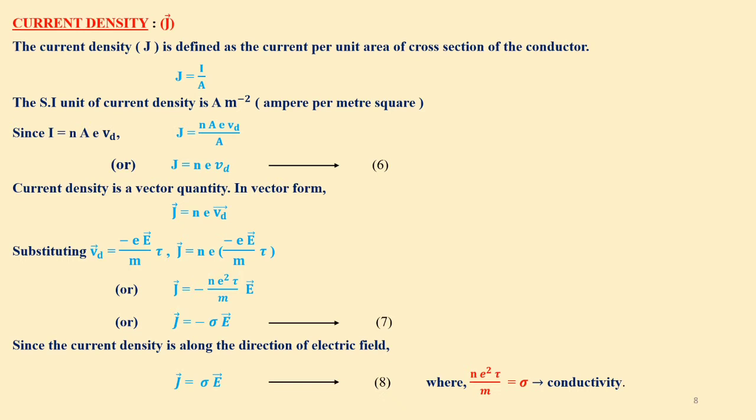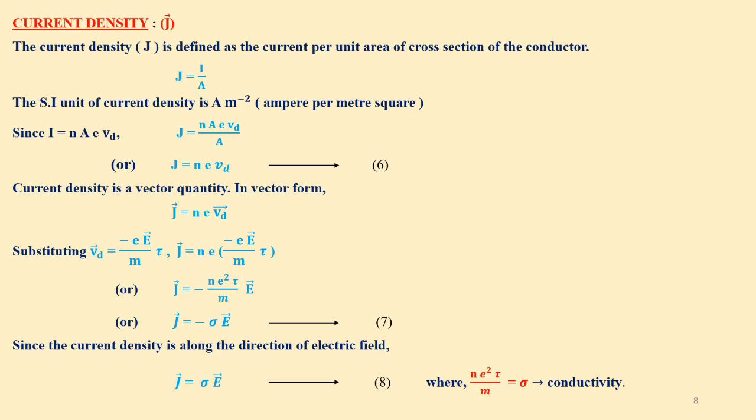Since current I is equal to n A e into V drift, J is equal to I by A, that is equal to n A e into Vd divided by A, cancelling capital A in the numerator and denominator, or J equal to n e into V drift.